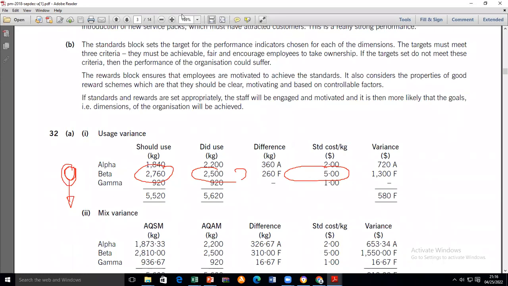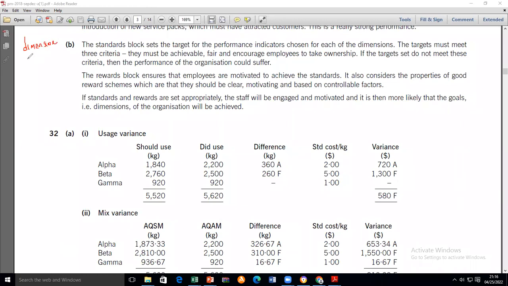Hello, sir. Yes, sir. Using my own layman approach, can I try to explain the link? Yes, please. So for each dimension, we set a target, which are our standards. So we must have a standard in which to measure performance.